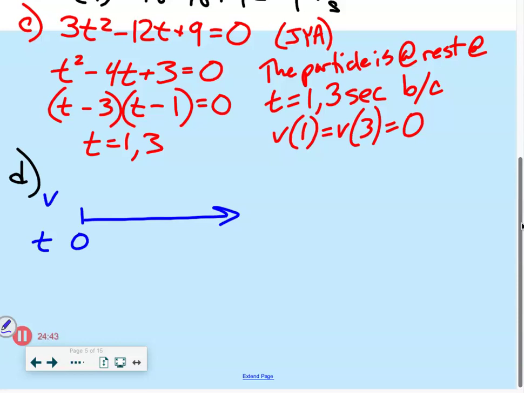The numbers you put on your number line are what we call the critical values for that function. Critical values are the input values that cause that function to be either 0 or undefined. In this case, we're talking about our velocity. Our velocity is never undefined, but it's 0 at 1 and 3. Those are the numbers you want to put on your sign line.